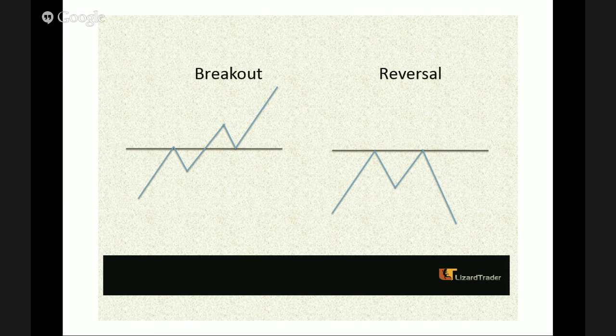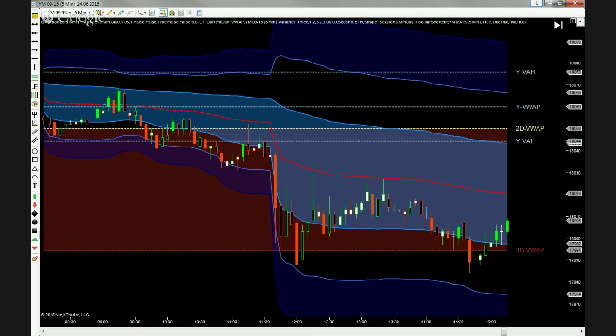So what we'll do is look at the pivot and the VWAP indicators to define these price levels where we expect the breakouts and reversals to take place. So we'll look at the daily pivot indicator first. This chart is a little bit busy, but we'll come back to this in a second.